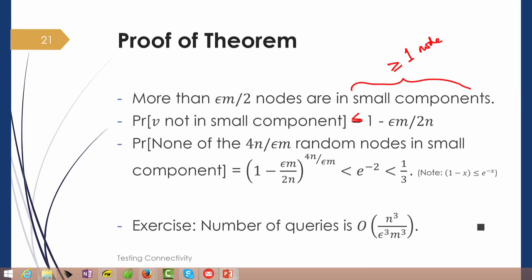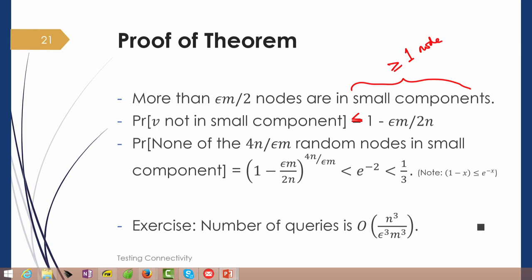Why is that? Because what is the probability that vertex V will be in a small component? Well, each one of these small components has at least one vertex, and there are epsilon m by 2 such components at least.